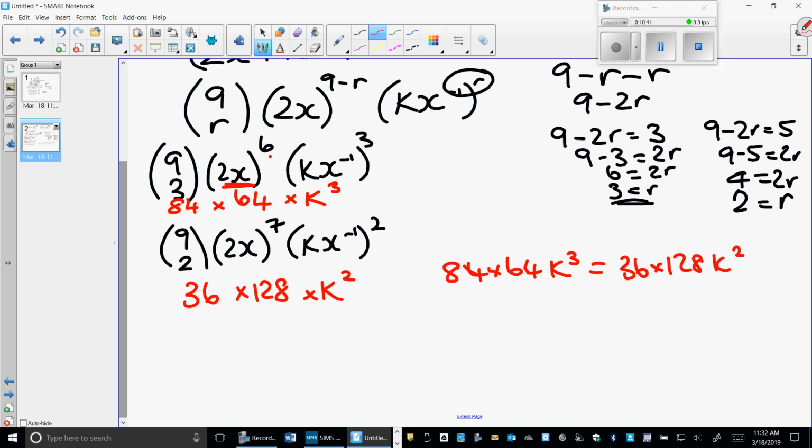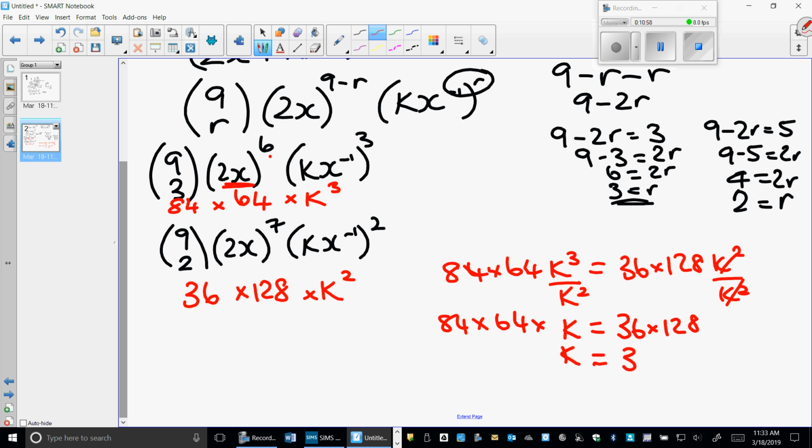So if I divide by k squared, that goes, and this just becomes k. And that means k is going to be 36 times 128 over 84 times 64. And then what does it end up being? 6/7.